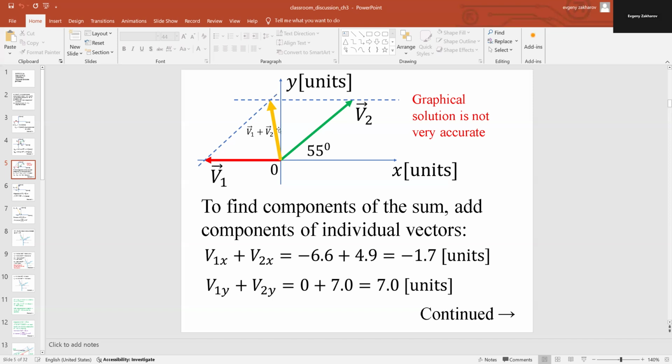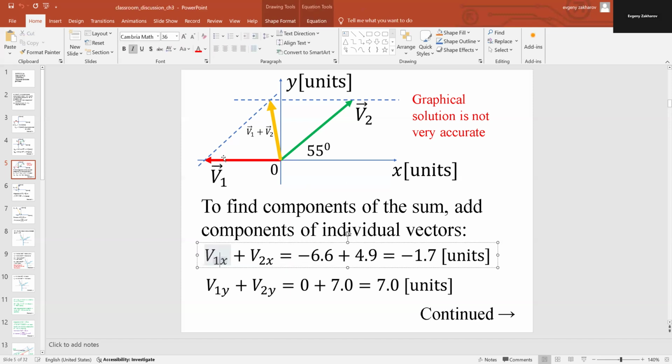Your diagonal is also the one that starts from the same point, the origin in this case, and the yellow vector is your vector sum. So what do you see? You're going to expect a little bit of a negative x component and some kind of positive y component. And you're going to do the Pythagorean theorem once you get the components for both vectors.